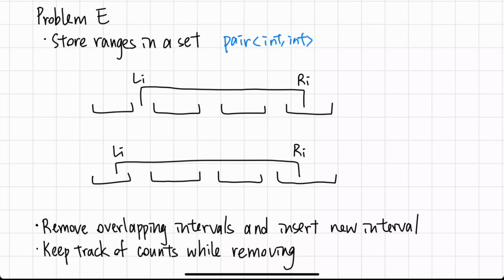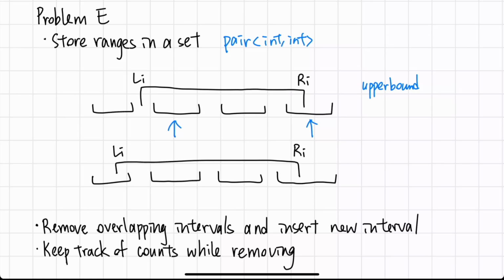So how we can do this is we can use upper bound to find the values of these ranges. We can use upper bound to locate this range and this range.